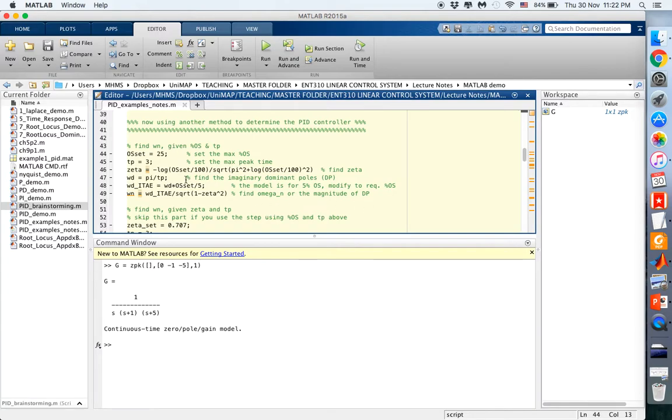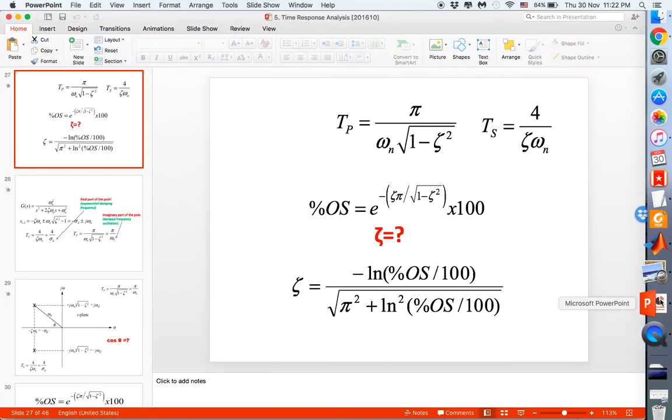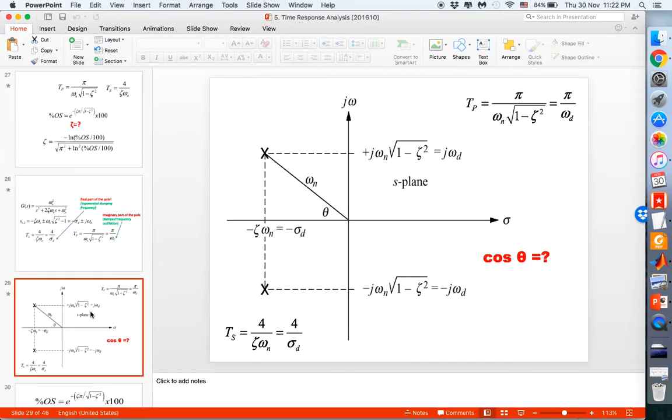And you also have omega d. The omega d is the distance from the origin to the imaginary axis of the closed loop poles.